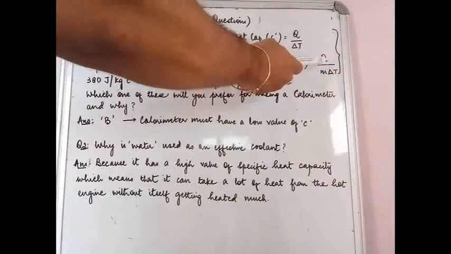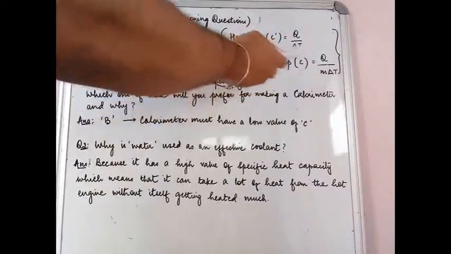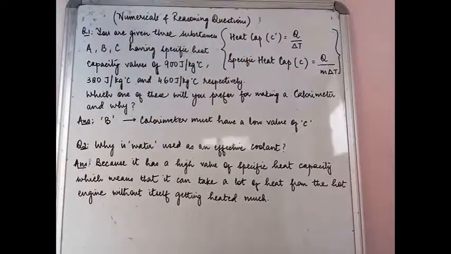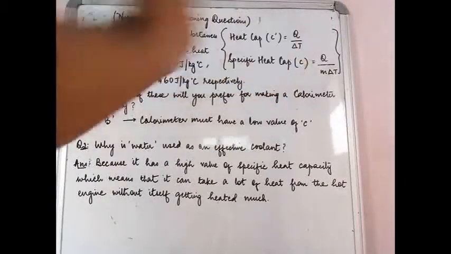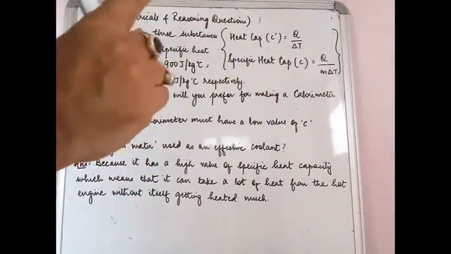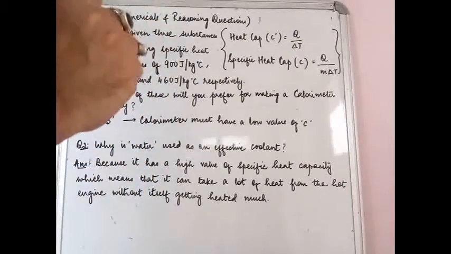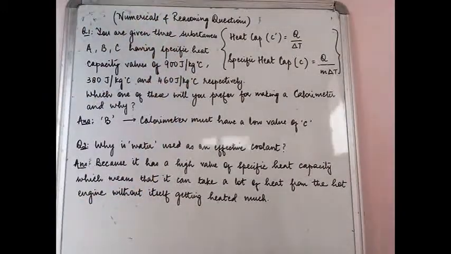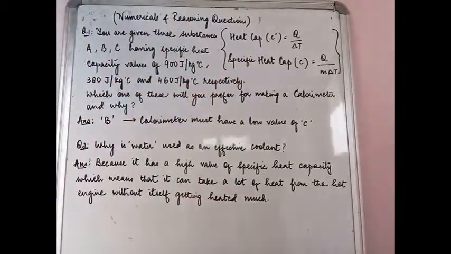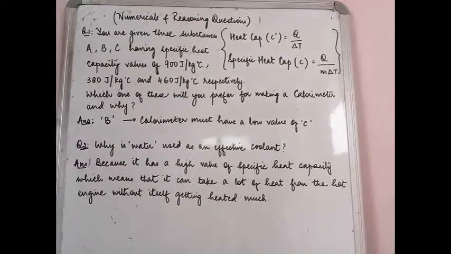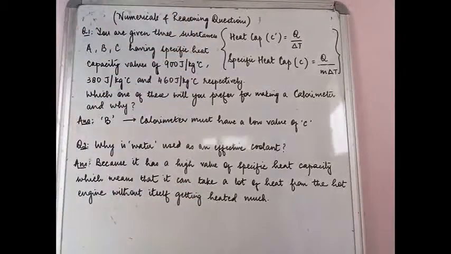If you observe these two formulae, the difference is the m in the denominator. By dividing Q by m, we get the amount of heat energy required by unit mass, which is 1 kg mass of that substance. That is why the word specific comes. These are the two formulae you must always keep in mind, not just the formulae but the concept behind them.